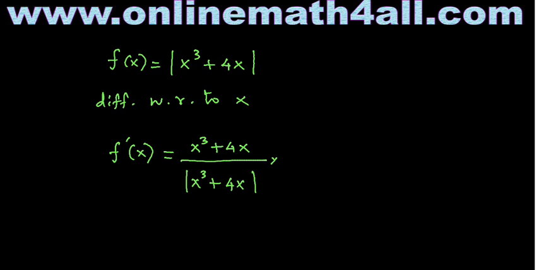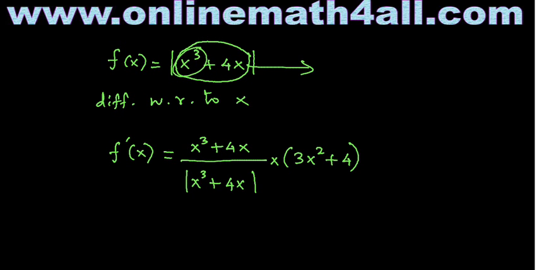Then this fraction has to be multiplied by the derivative of the term inside the absolute value. So the derivative of the term inside the absolute value is 3 times x square plus 4, because when we find derivative of x cube, it will be 3x square, and when we find derivative of 4x, it will be 4 times 1, because the derivative of x is 1 and we keep the constant 4 as it is.